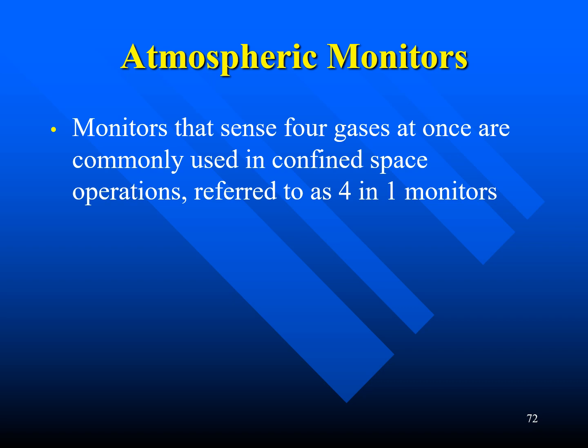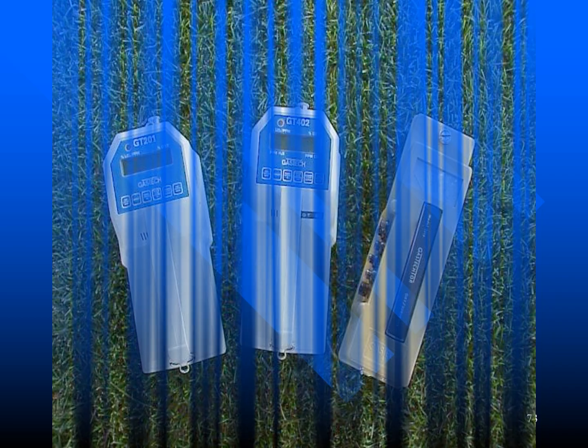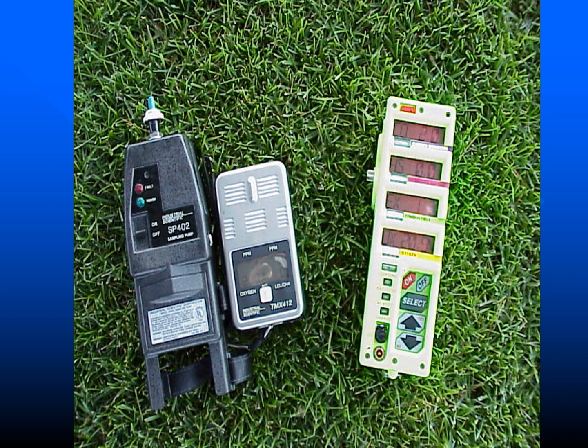Monitors that sense 4 gases at once are commonly used in confined space operations, and we refer to them as a 4-in-1 monitor. Here are some examples of some 4-in-1 monitors. Here's another example of some monitors.